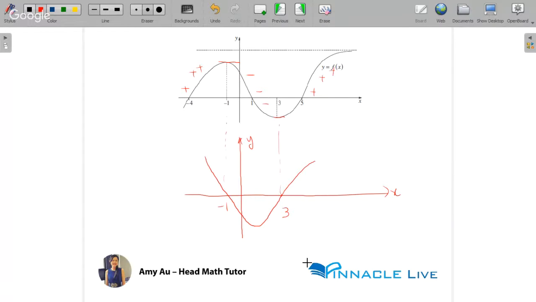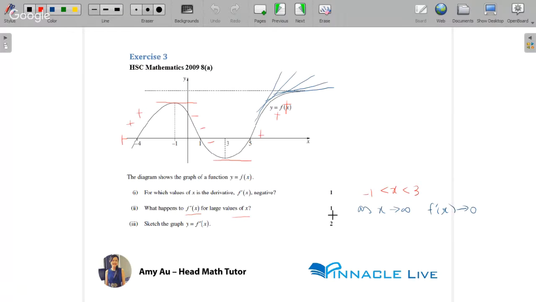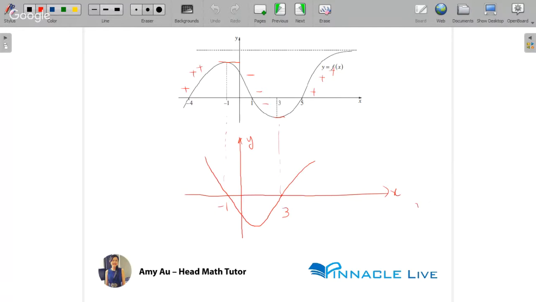Now, most people get stuck about here because does it go that way or does it go that way? And this is where that part B information becomes useful. What that is talking about is as x approaches infinity, f dash x is going to 0. So let me note that down. As x is approaching infinity, f dash x is approaching 0.